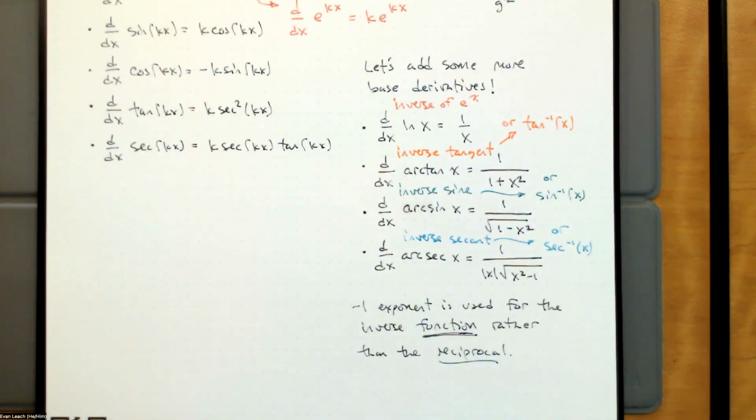So the -1 exponent when it's used in this way is used to indicate an inverse function, not a reciprocal. A reciprocal is a type of inverse function, specifically a multiplicative inverse.